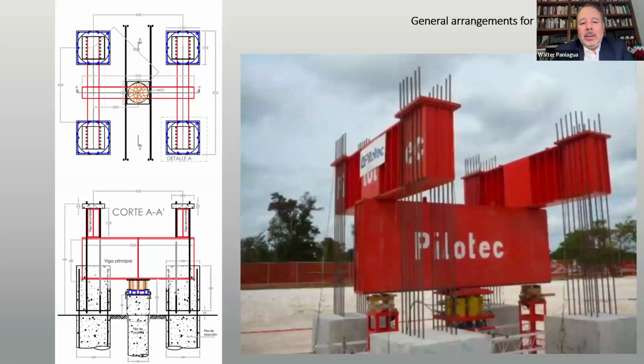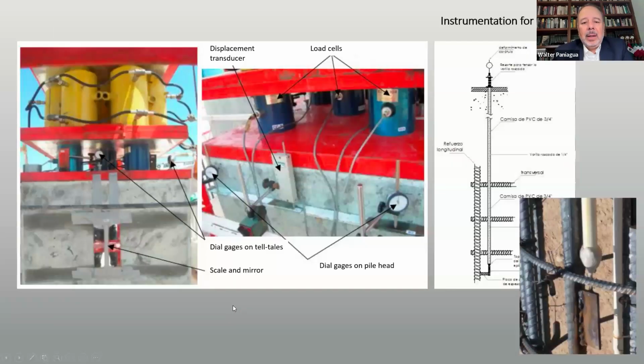And well, the testing was done by the old-fashioned static load testing with the arrangement of 4 reaction piles, one at the center, which is the test pile, a main beam, secondary beams, and they are all connected with these concrete blocks that are as well connected to the reaction piles through the rebar of the pile itself.